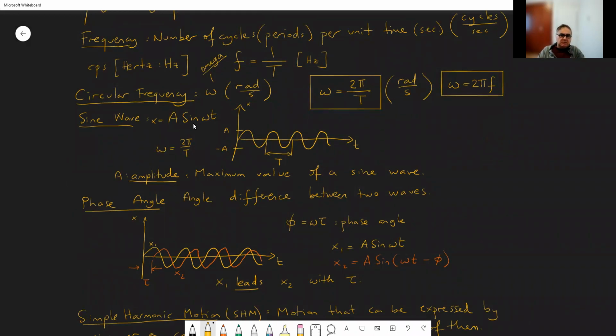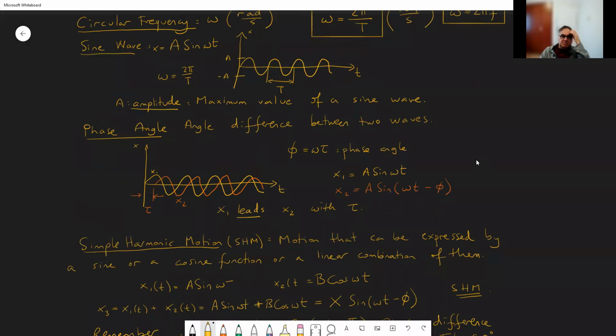Now, A sine omega t is the simplest vibration function, let's say. A is the amplitude, omega is the frequency. And between two sine waves, there might be a phase difference, a phase shift.